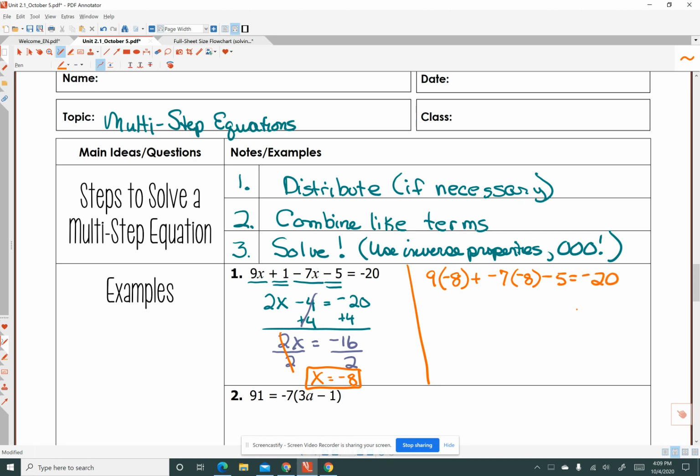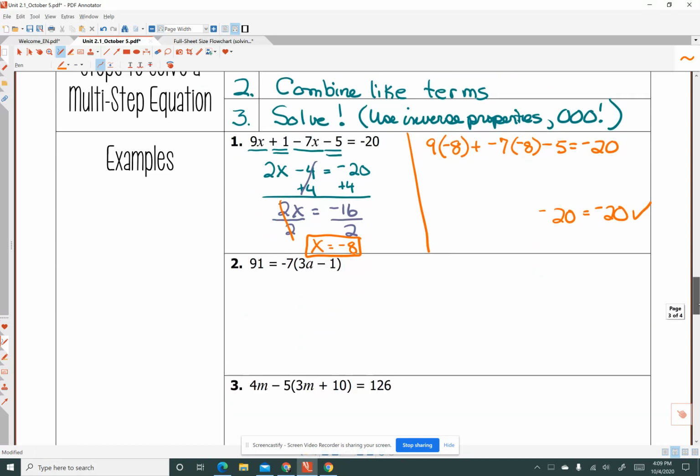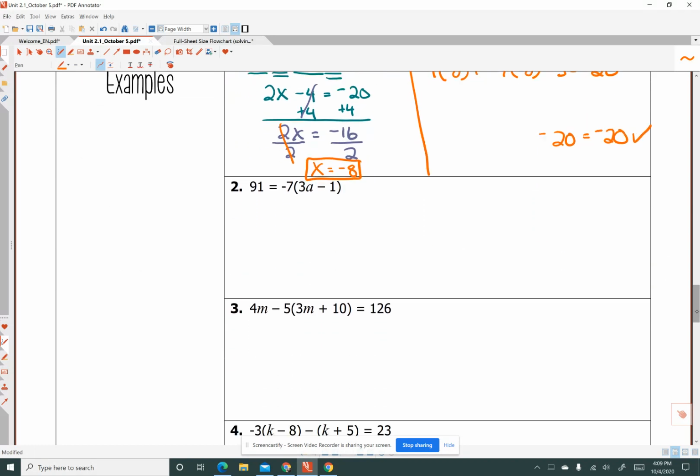And if you were to evaluate this, you would end up with negative 20 equals negative 20. And that's good practice. That's very good practice. Get you working hard with those integers operations. Okay, let's look at the next problem.